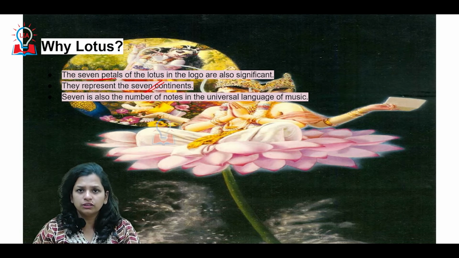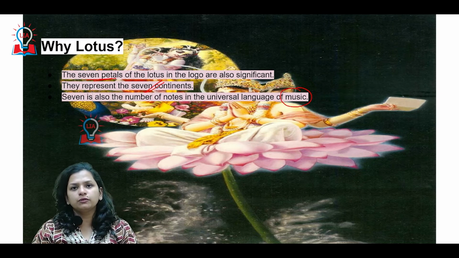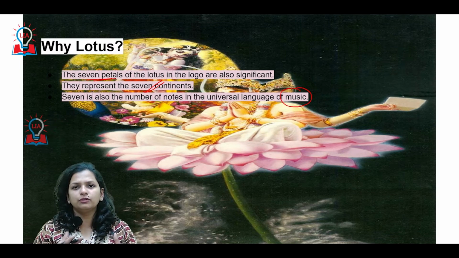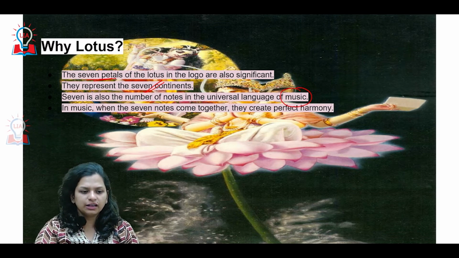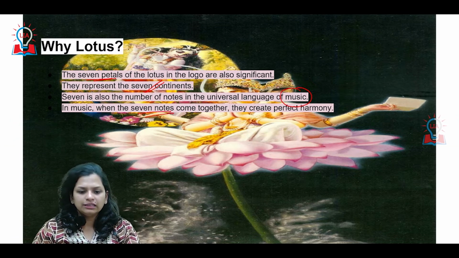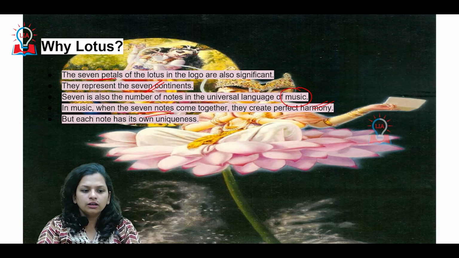7 is also the number which is universally understood through the language of music. Music connects the world, irrespective of any kind of discrimination or adversarial situation. So in music the entire world is coming together, and we're trying to promote the symbol of harmony through this logo and the 7 petals of the lotus.